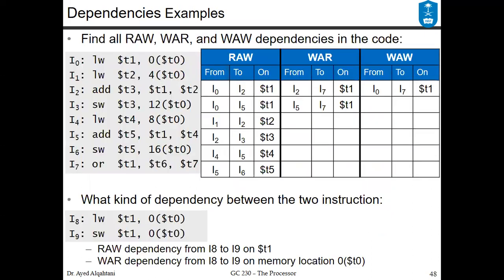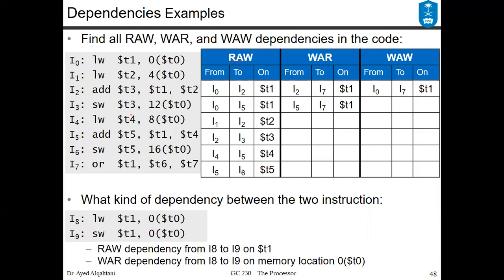Now, this is a dependencies example. If you were asked to find all the RAW, WAR, and WAW dependencies in this code, I named each instruction I0, I1, and so on. I want you to find the RAW, WAR, and WAW hazards for all of them.